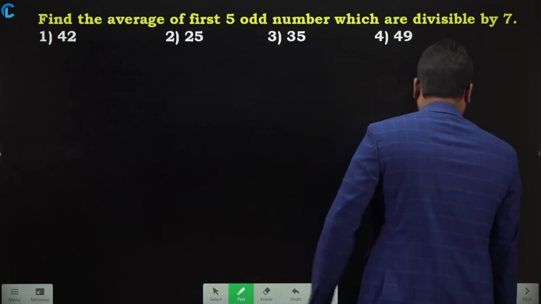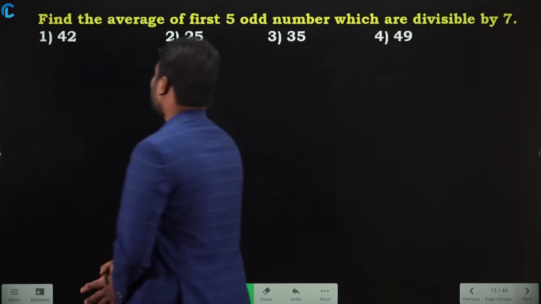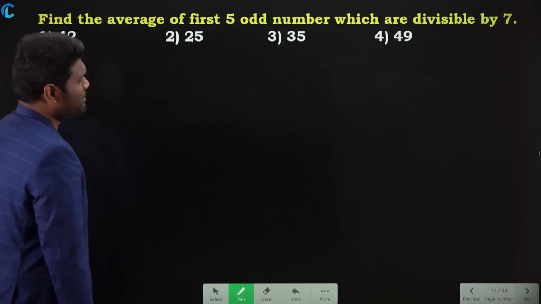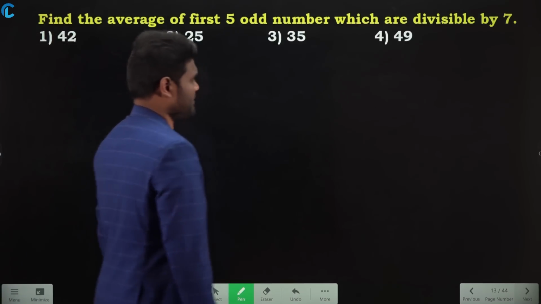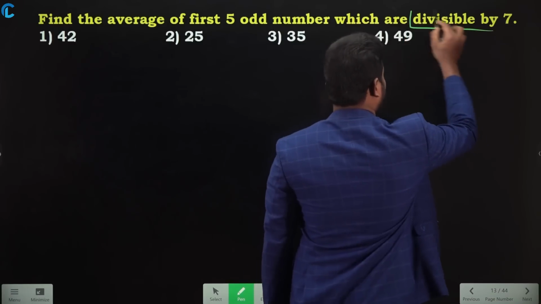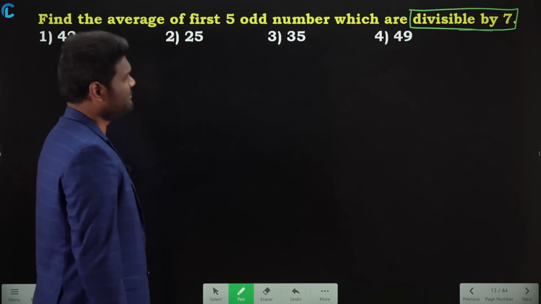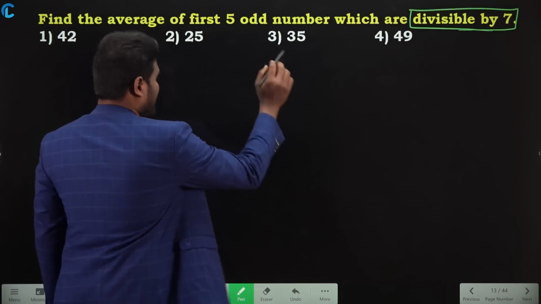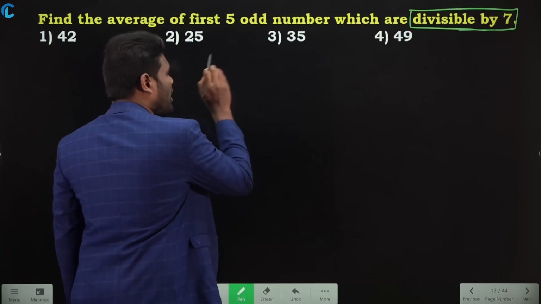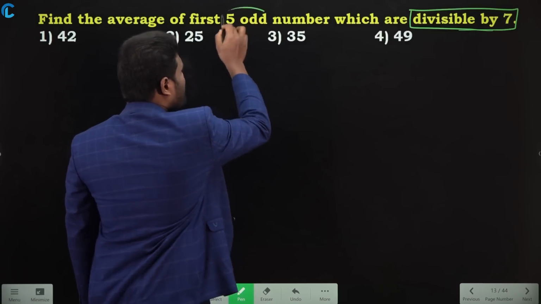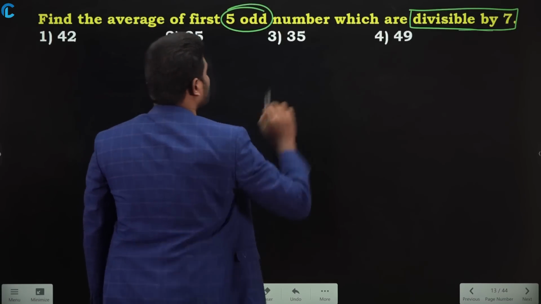Okay. Next question. Find the average of first 5 odd numbers which are divisible by 7. Look here, you are asked to find the first 5 odd numbers which are divisible by 7. Okay, let us look at them. If you are going to solve them in a normal way, we need the first 5 odd numbers which are divisible by 7.